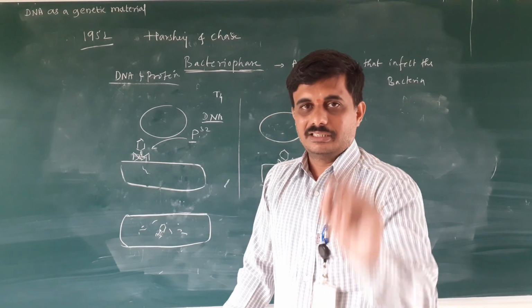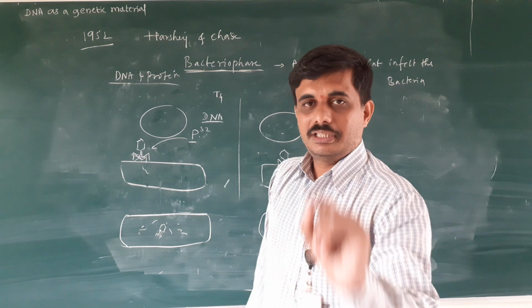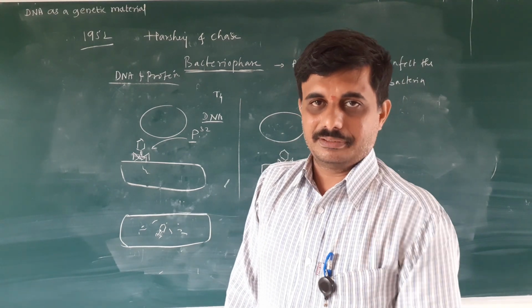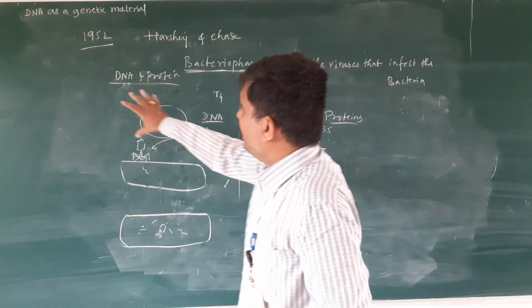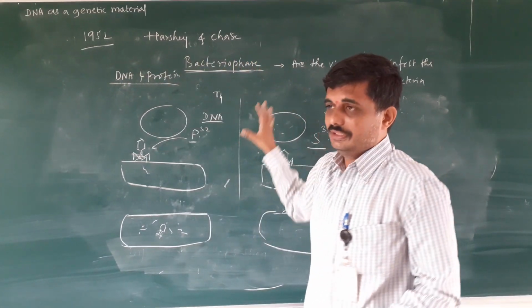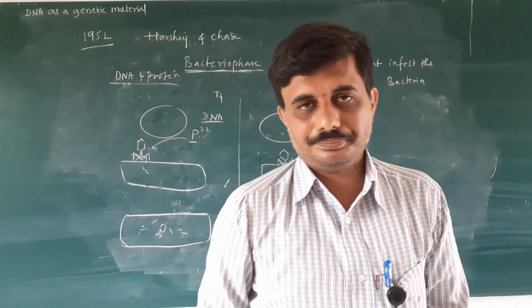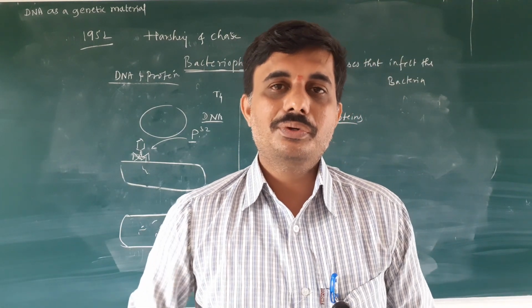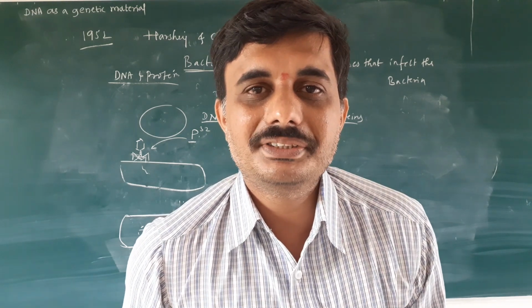With this experiment they proved that DNA is the genetic material. This way, these three experiments proved DNA as the genetic material. Thank you very much for listening with patience.